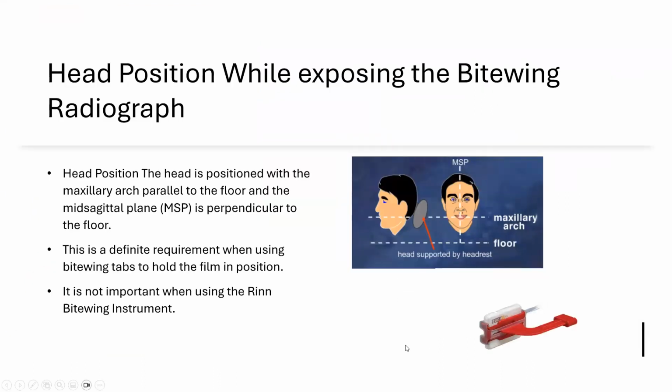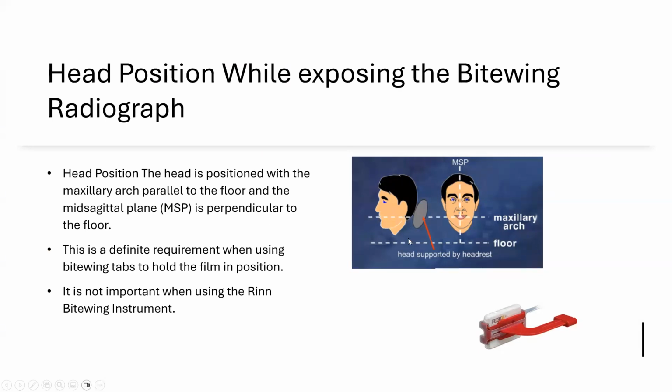Head position while exposing the bitewing radiograph. So the head position is like that. It is positioned with the maxillary arch parallel to the floor and the mid-sagittal plane perpendicular to the floor, like this.